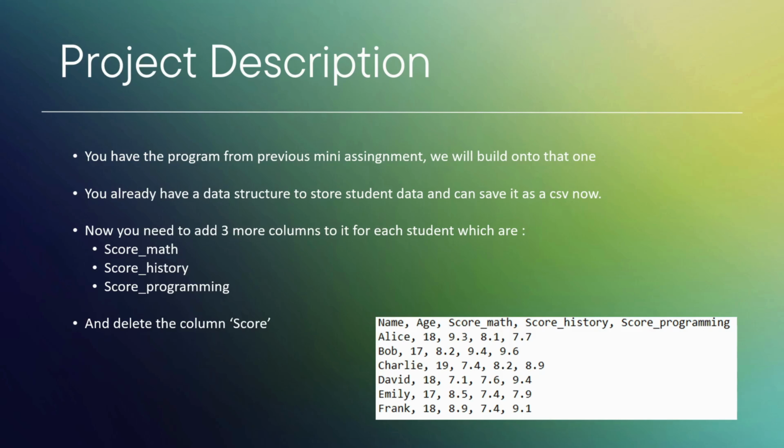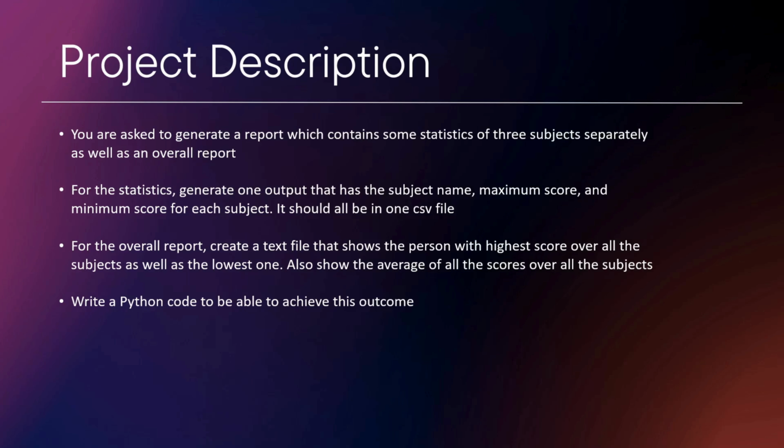And then you should also create an overall report that is a text file. In the text file, you just want to write one line: the person who has the highest score over all the subjects, that is adding the score in all the subjects for that person. And then you will also write the name of the person with the lowest one.